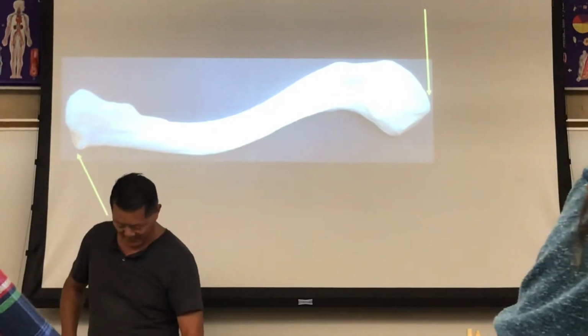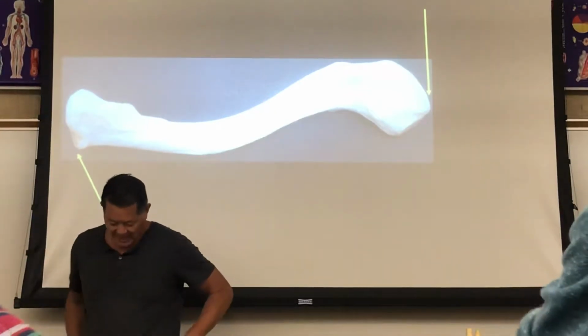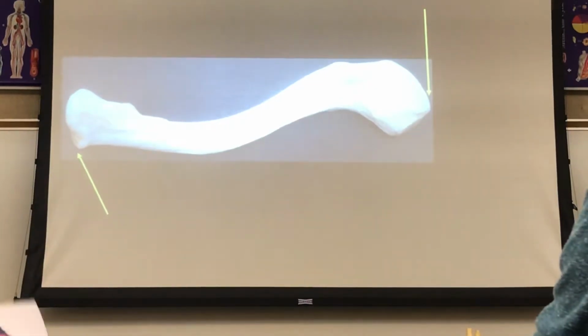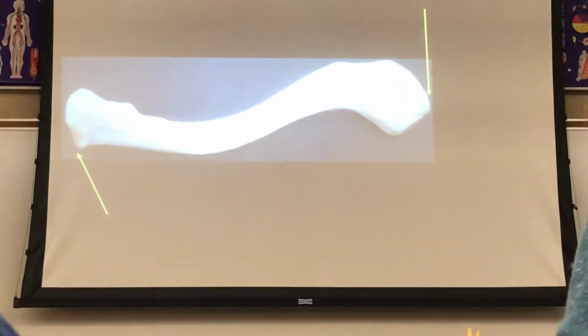Now let's move to page 7. Appendicular skeleton. What I tell students is that you do not want to lose sight of the forest for the trees. What that means is don't get so lost in the details, you forget the whole.